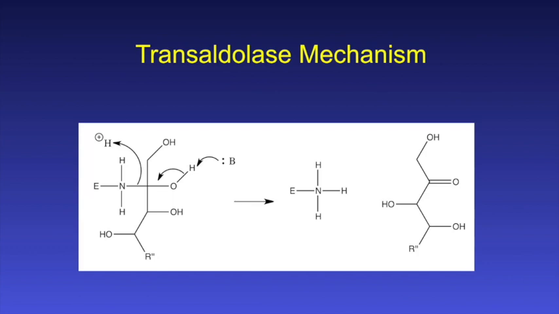I will not make you reproduce these mechanisms, but you need to understand how the leaving group was stabilized for both of them. The leaving group would be a carbanion, but because of the structures, you create a resonance that is neutral.